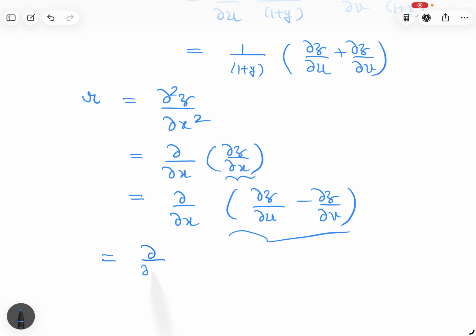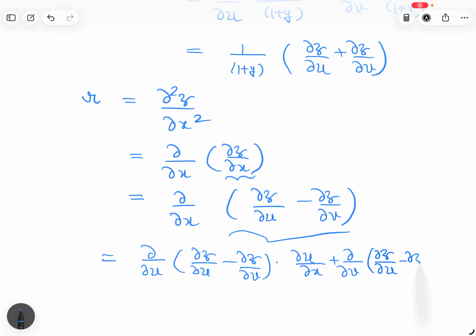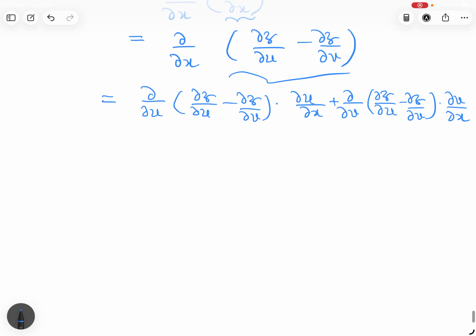Del z upon del u, del z upon del v, into del u upon del x, plus the same for del v upon del x. So now put in the values: del u upon del x is 1, del v upon del x is minus 1.